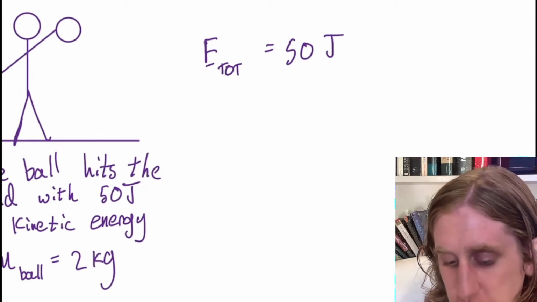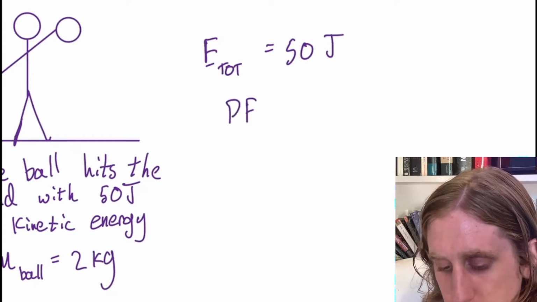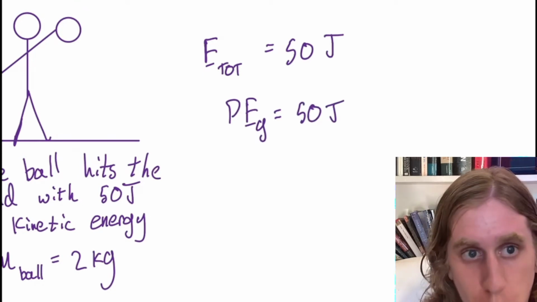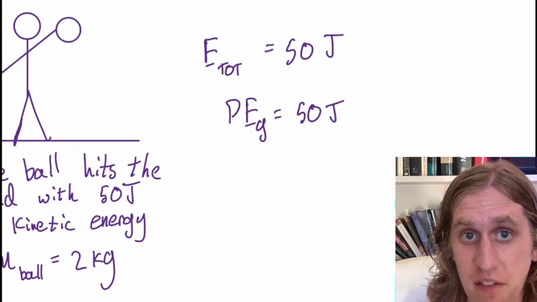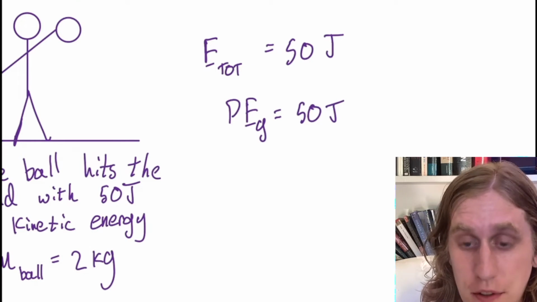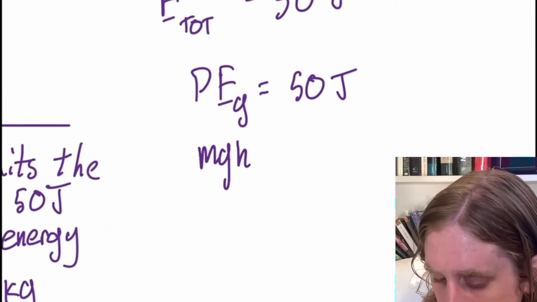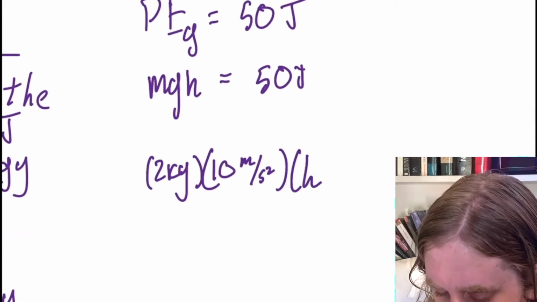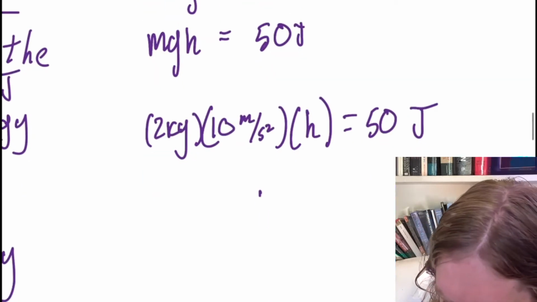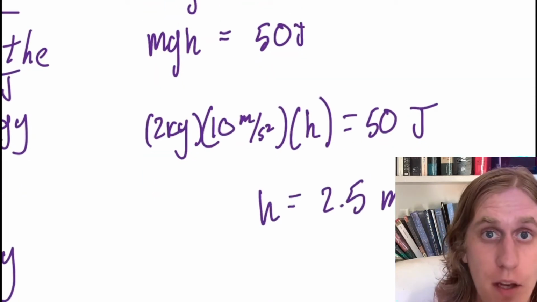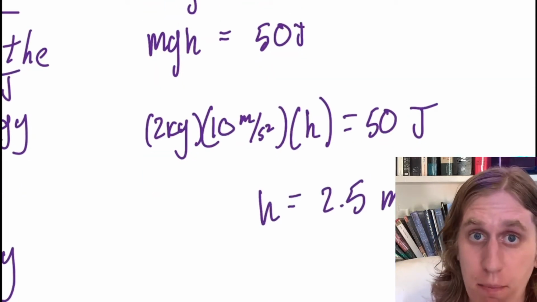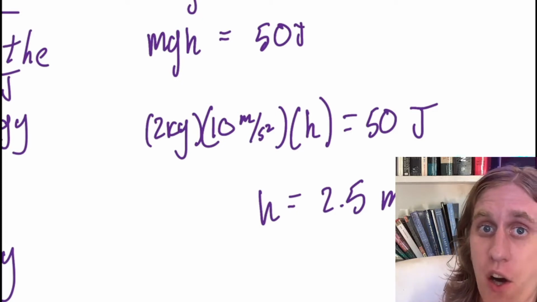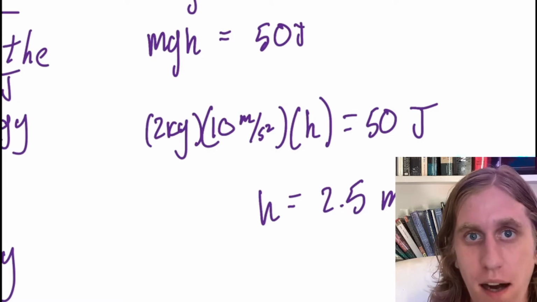So if the gravitational potential energy is equal to 50 joules, we can just write out the equation for gravitational potential energy and set it equal to 50 joules. And there we go. We've determined how high the ball was when it was dropped, just by noticing that the total energy in our system must be constant.